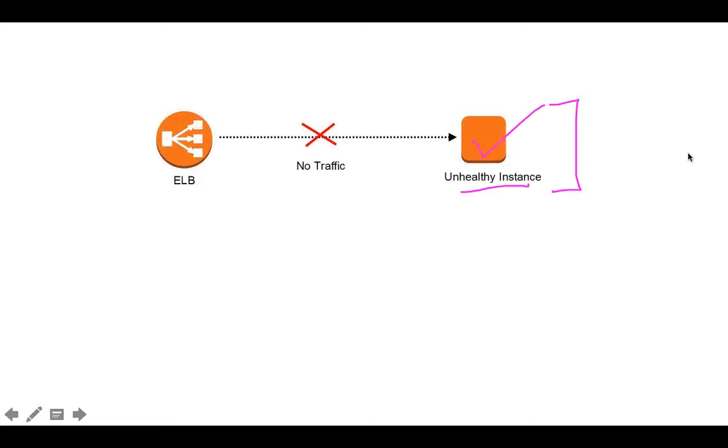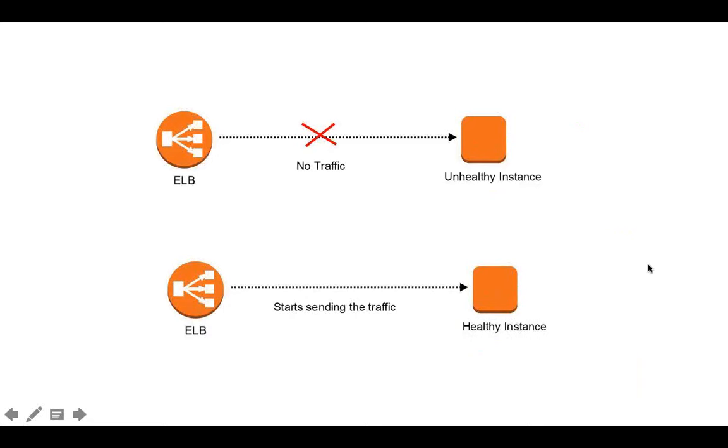Once this instance gets back up, then the load balancer will resume sending the traffic to it. It will say, hey instance, you're healthy now. I'm sending the traffic to you. Right? So apart from automatically redistributing and load balancing the traffic, the responsibility of the load balancer is that it should always ensure that your architecture is in good shape. The instances are running as intended.